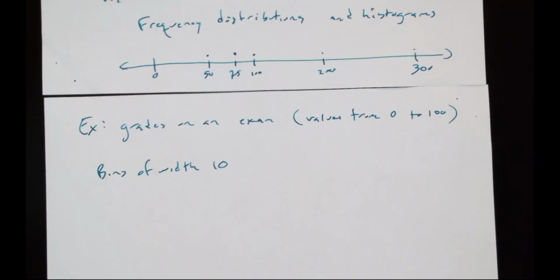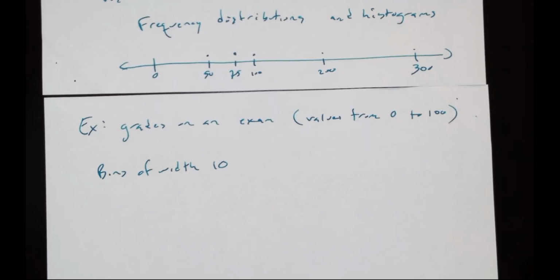If I put down a bin and it takes all the grades from 90 to 100, how many possible scores are in that bin? Count them out. 90, 91, 92, 93, 94, 95, 96, 97, 98, 99, 100.